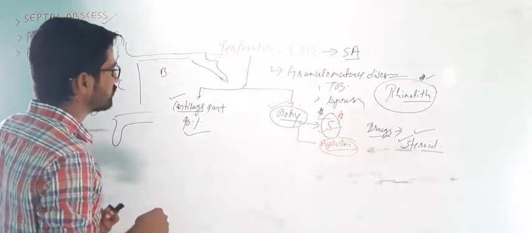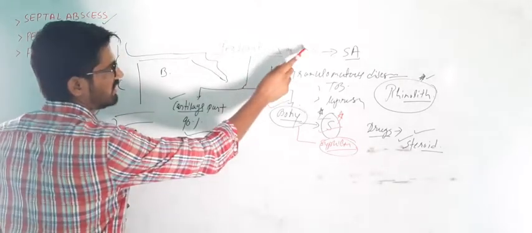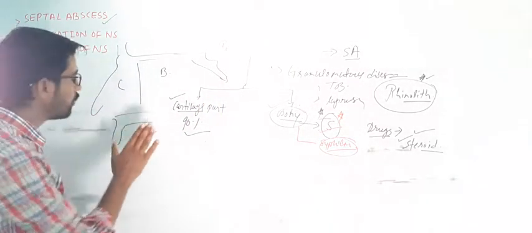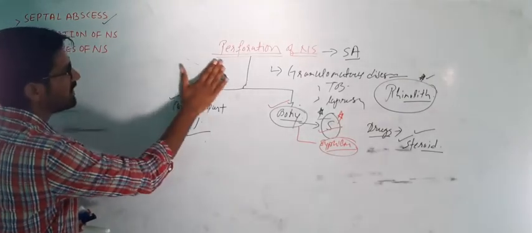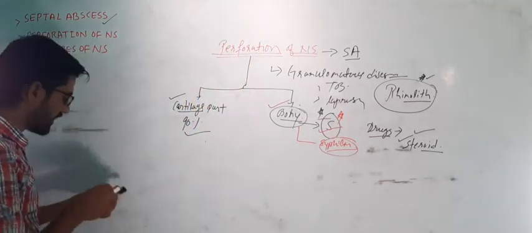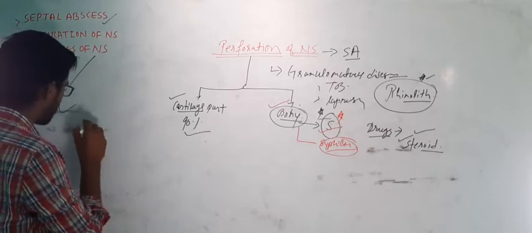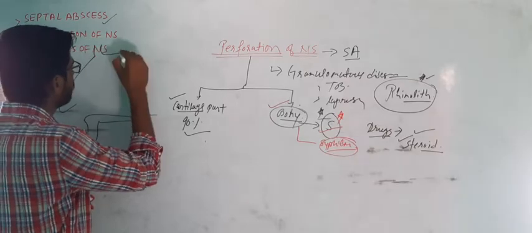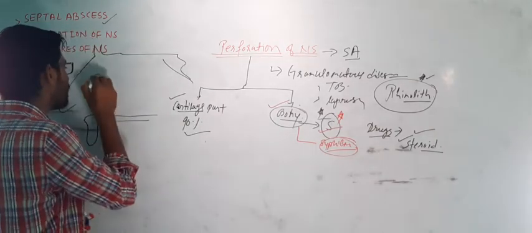So these are all about perforation of the nasal septum. Now, can you tell me how the patient will present with a perforation of the nasal septum? Oh, sorry, I removed this. I should not remove it.